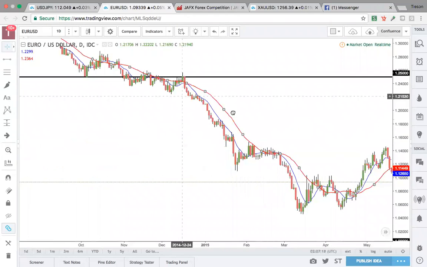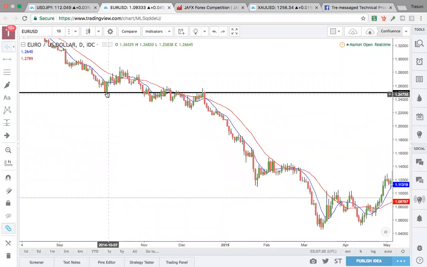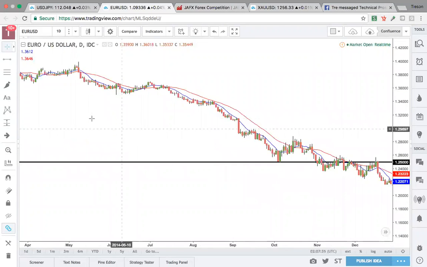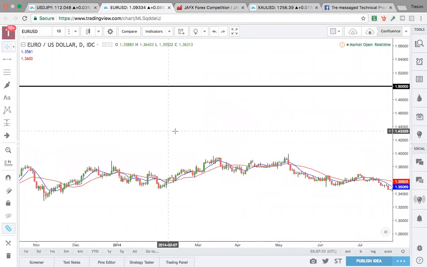So for example, like this acted as support. It broke it, did whatever, and then it found that area of resistance just under a minor quarter point, being 2.500, and then it dropped from there. And let's see when it went to the next quarter point.